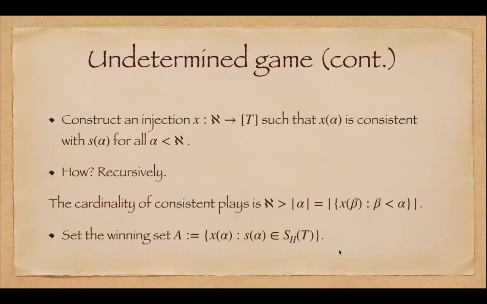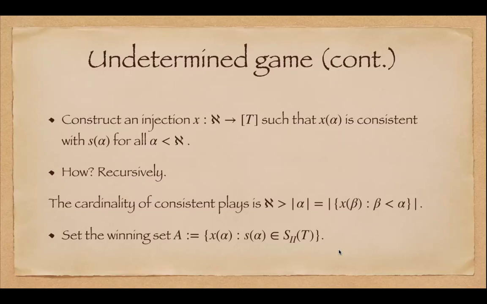Now I set the winning set A to be all X alphas such that the strategy S alpha is a strategy of player 2. And why is this game not determined? Suppose player 1 had a winning strategy, then that winning strategy must be some S alpha.